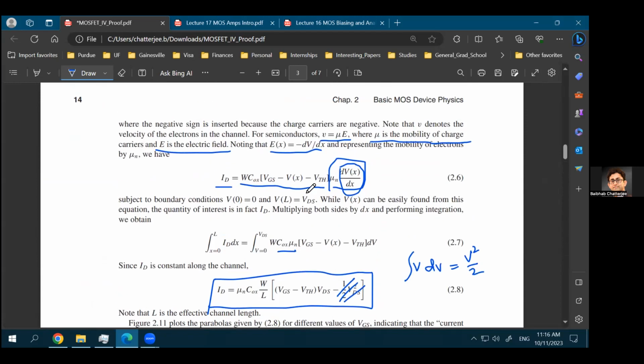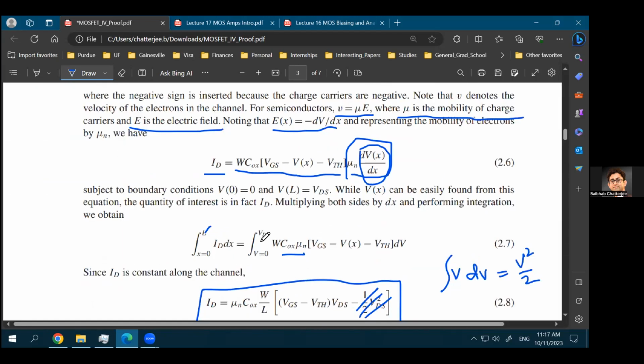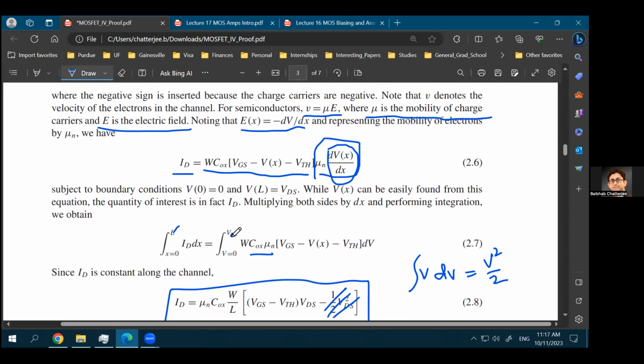So here, instead of x equal to 0 to x equal to L, it will be x equal to 0 to x equal to L prime. And the other thing that will change is that your voltage would be from V equal to 0 to V equal to VGS minus VTH.